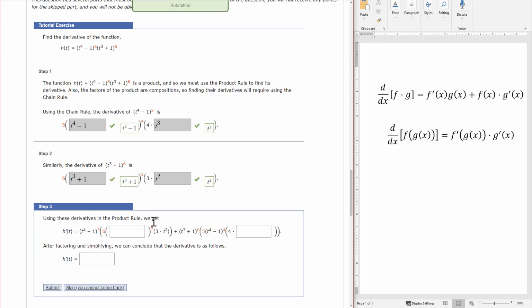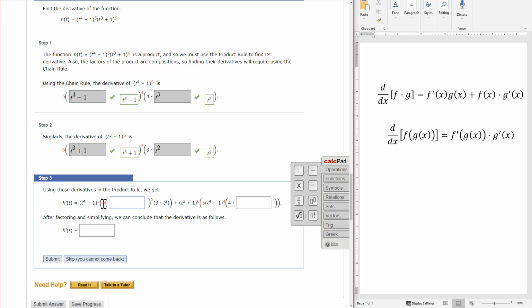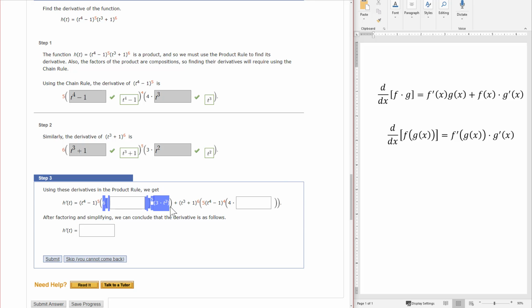Now that we have those two derivatives, we're just going to put it all together. And here they put it together, so let's see what they have, and let's see what we need to input in. So it's the first term. This is the first term, and then they took the derivative of the second term. We did that over here.